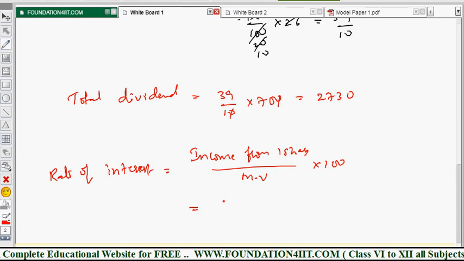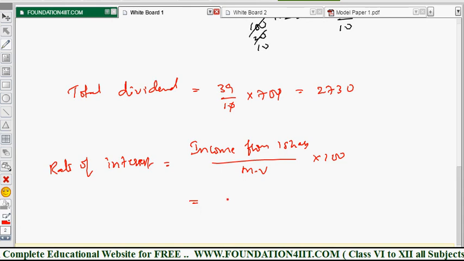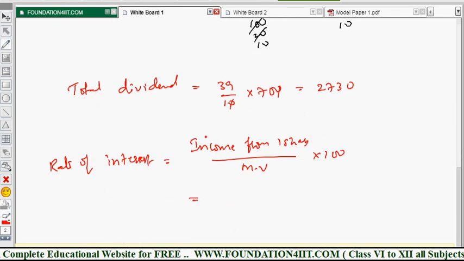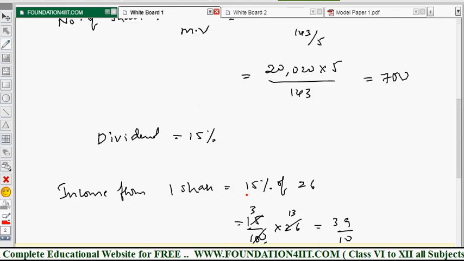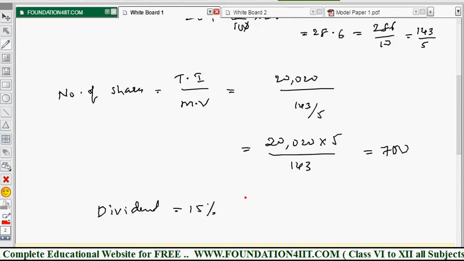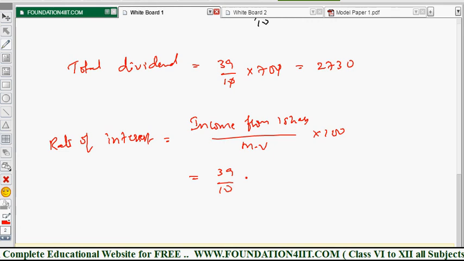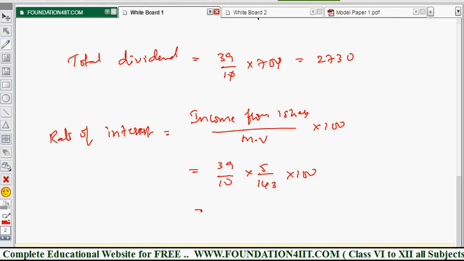So income from one share is 39 by 10, divided by the market value 143 by 5. Taking the reciprocal, it is 5 by 143, into 100.